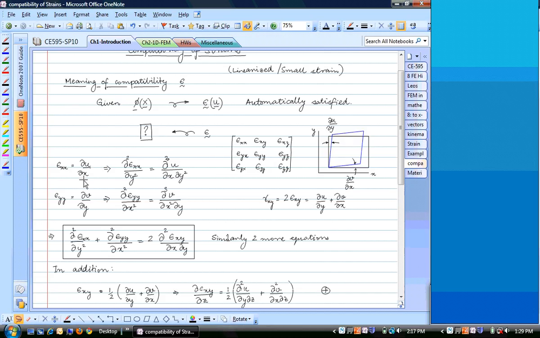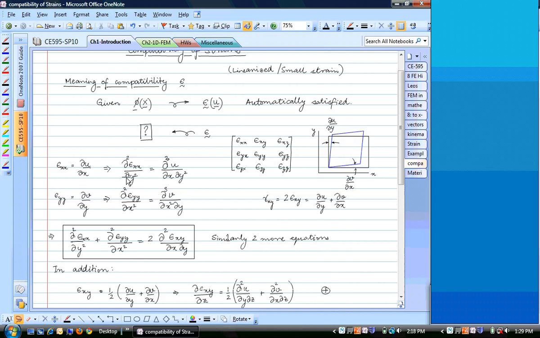If you take the double derivative of this with respect to y, what you get is del cube u over del x, that was the definition of u, and you take another derivative with y twice. Similarly, you have eyy. If you take the double derivative with respect to x, you get this. Now just add these two terms.